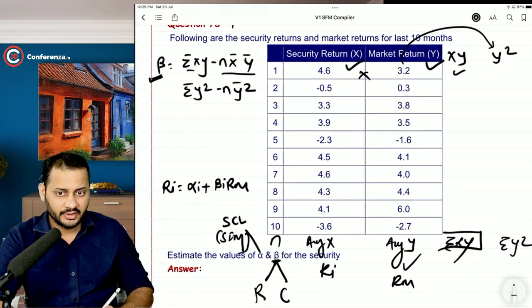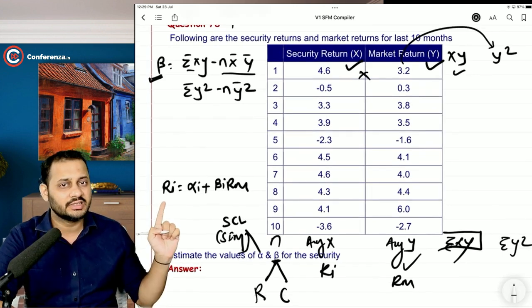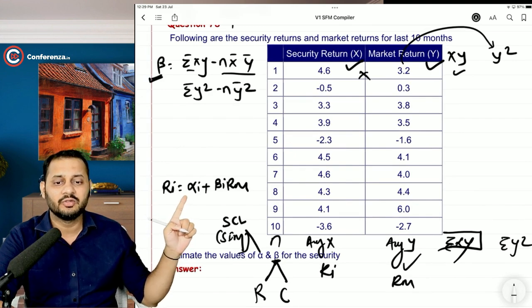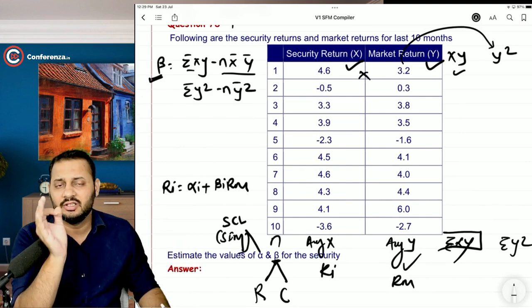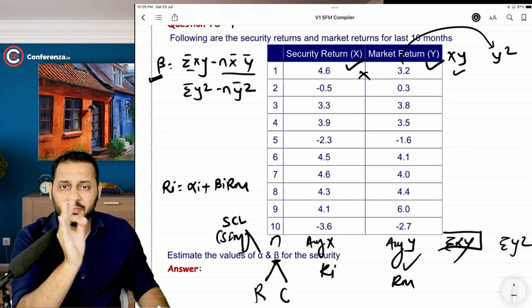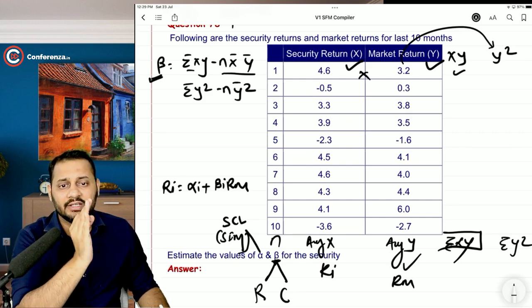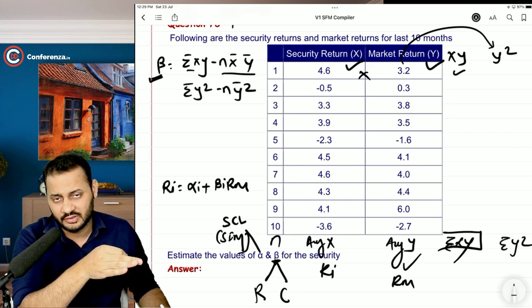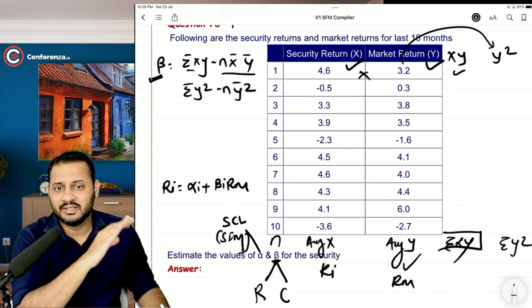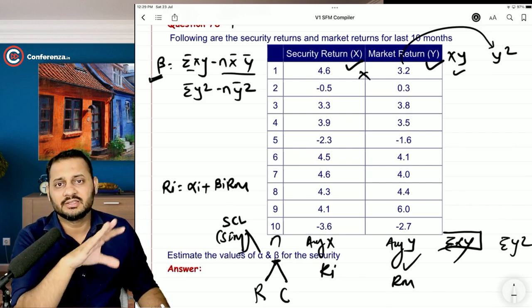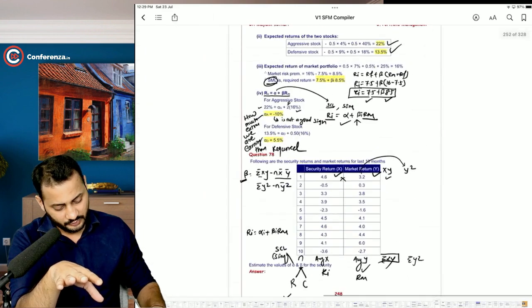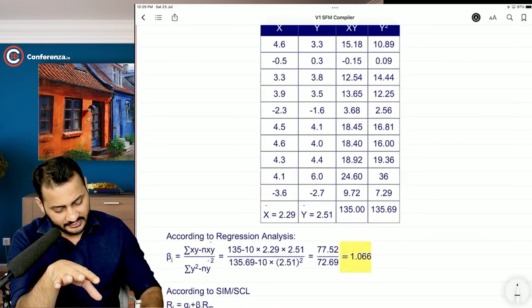Beta has been calculated here, so all the three figures in this equation are with you. You can easily calculate the alpha. The rest is a part of the practice and avoiding mistakes in the calculation. So that's what you have to do. There is no point in me discussing all the calculations now. So please make sure that you are doing the practice.